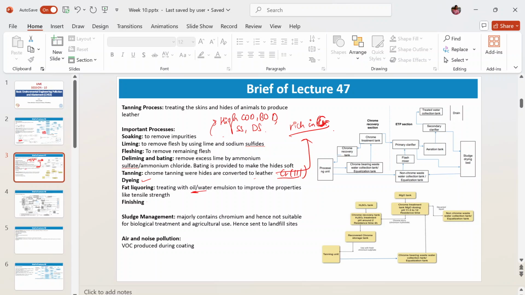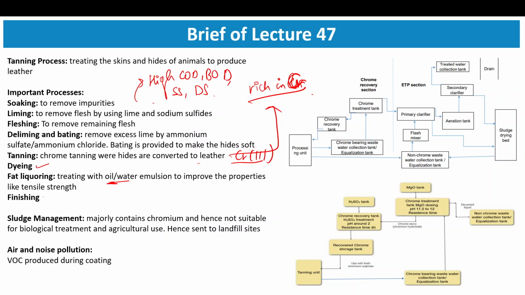If we talk about chromium-containing wastewater from the tanning plant, whatever the chromium-bearing wastewater is, it is collected and sent to an equalization tank so that the properties are uniformly maintained. Now you send it to MgO treatment where the pH maintained is highly basic.